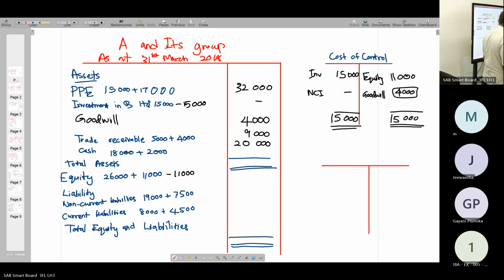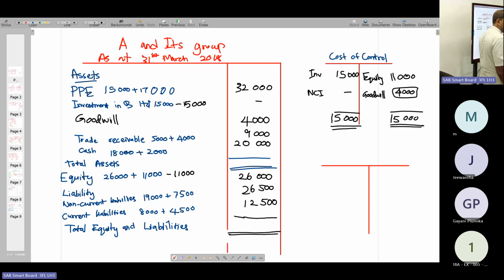Equity how much? Equity 26,000. Non-current liabilities 26,500. Current liabilities 12,500. Total assets should be equivalent with liabilities and equity.